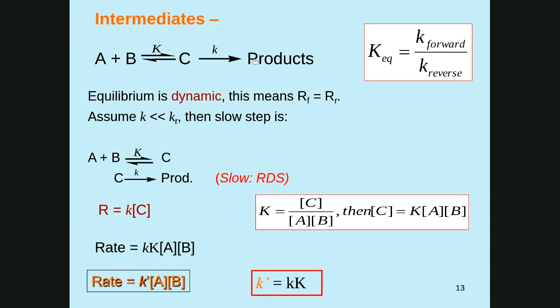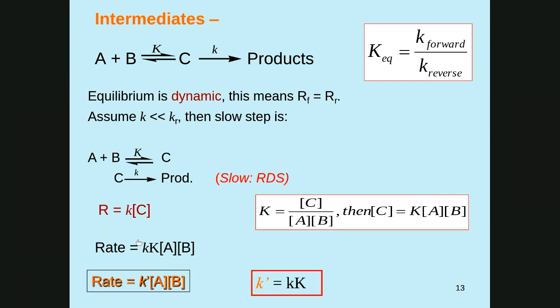So this is the rate of the process, where the intermediate concentration C can now be replaced using this form. It can be eliminated or replaced by K times A times B.